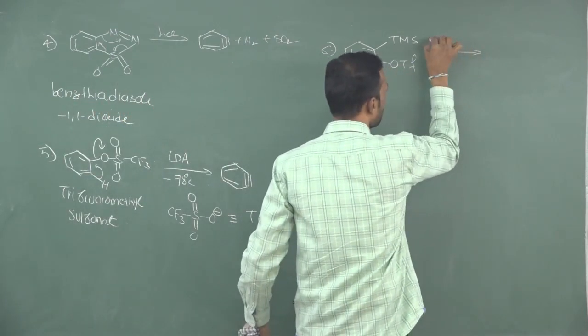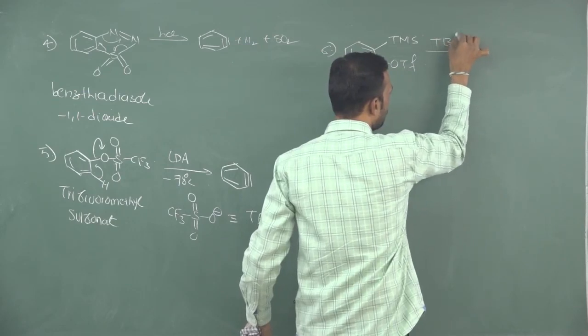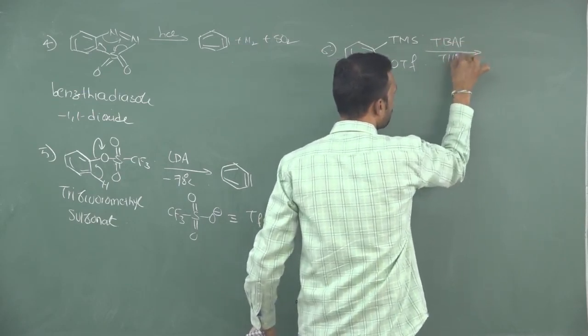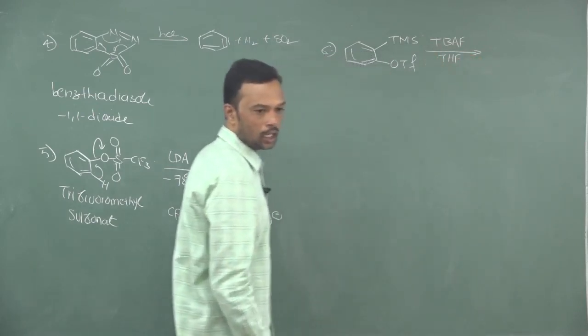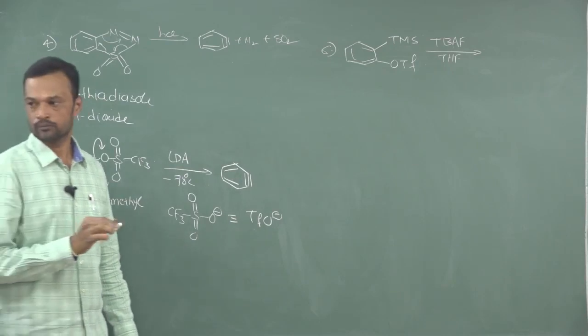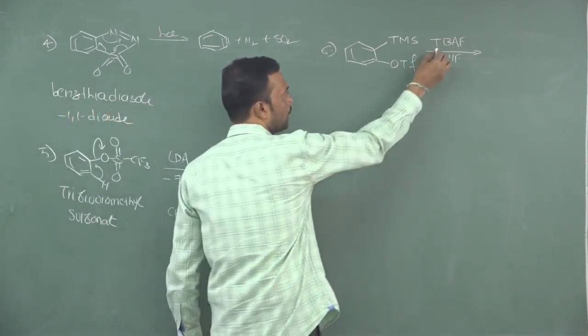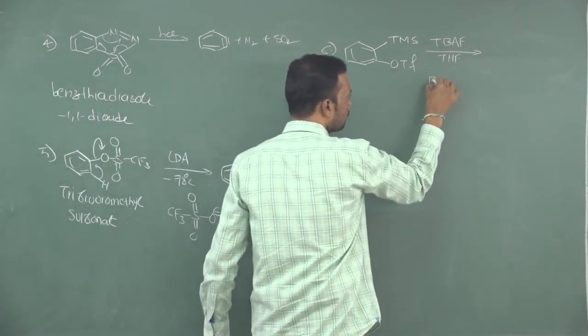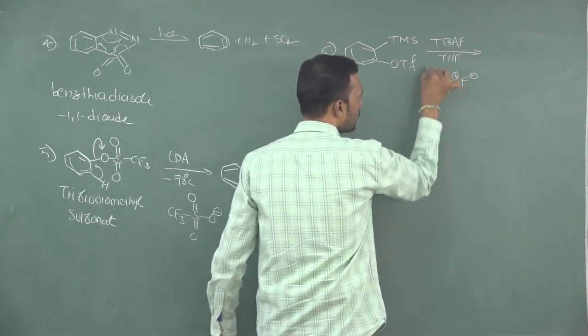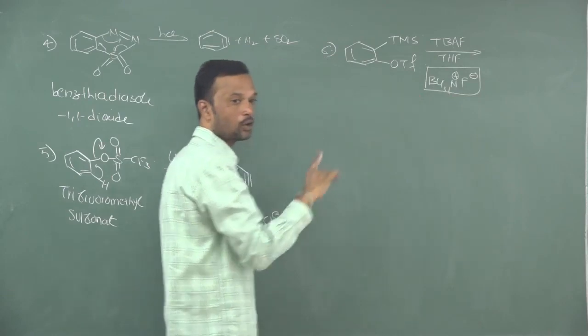Now this is on treatment with tetrabutylammonium fluoride in the presence of THF. You remember this one: TBAF is nothing but tetrabutylammonium fluoride. This is the structure. This reagent is a powerful reagent to remove silicon.